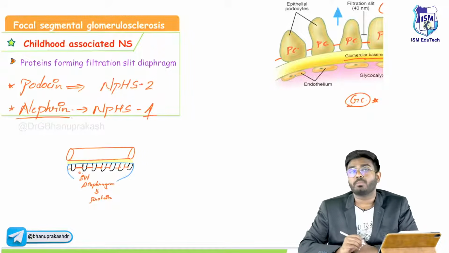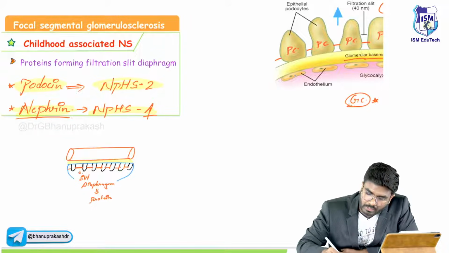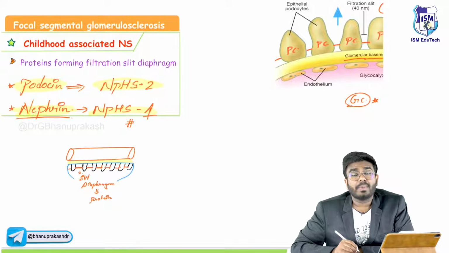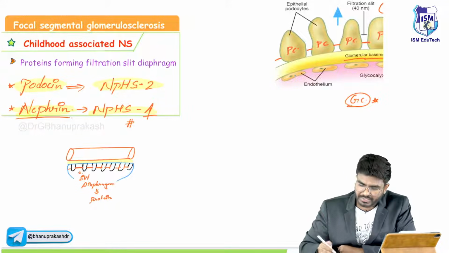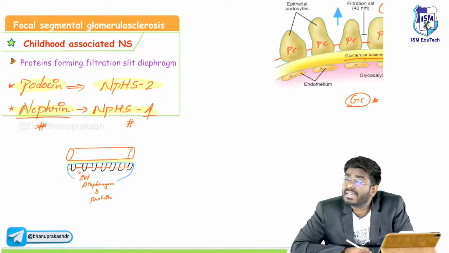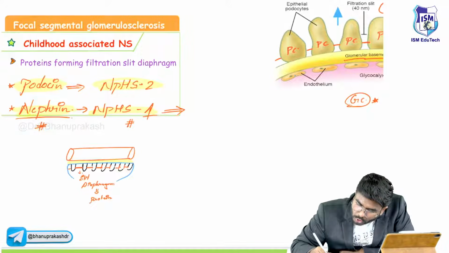Important: NPHS1 codes for nephrin, NPHS2 codes for podocin. Now when NPHS1 is damaged, mutated, nephrin is not going to be produced normally, so the slit diaphragm is not going to be there normally. So there is protein loss. Which type of nephrotic syndrome is it causing?